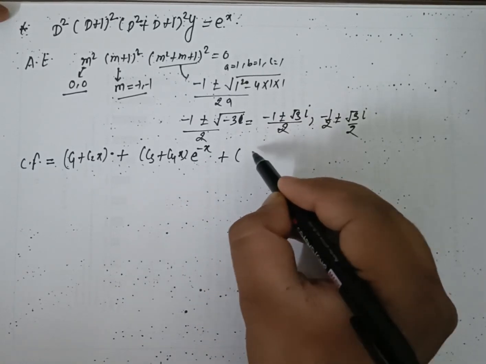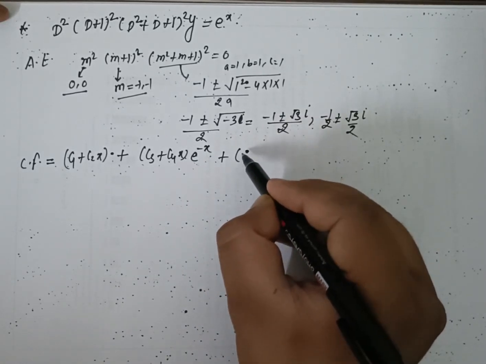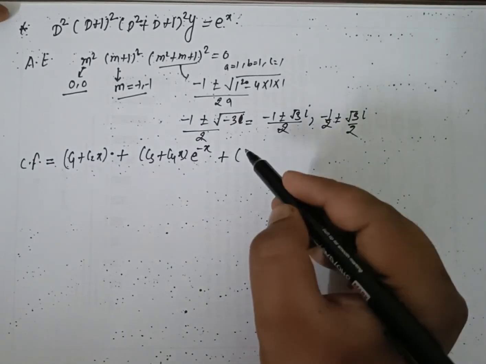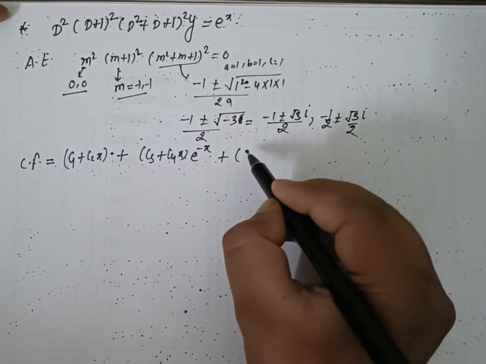Now c5, okay, we have here the repeated complex roots. Two repeated complex roots are there.